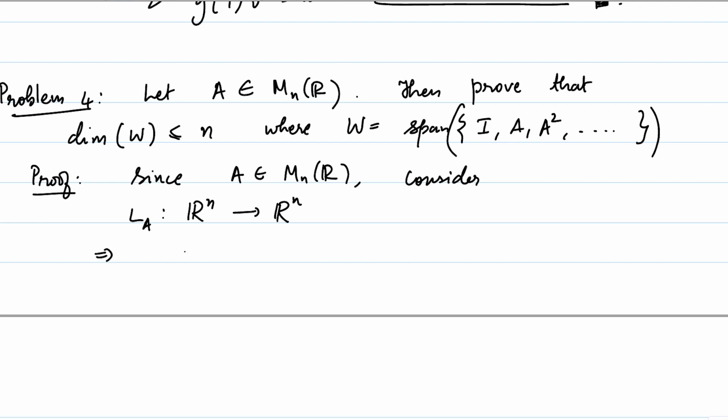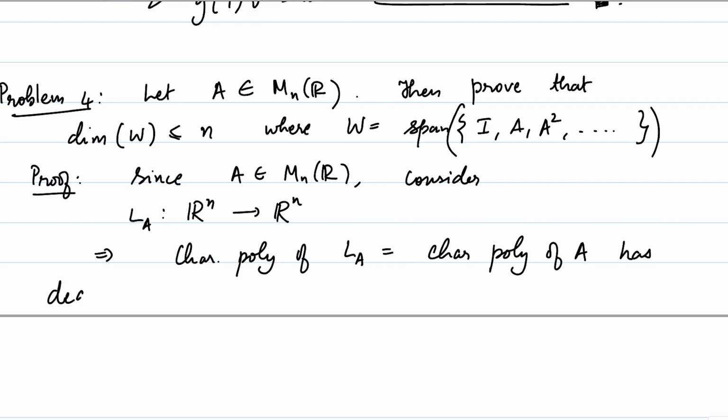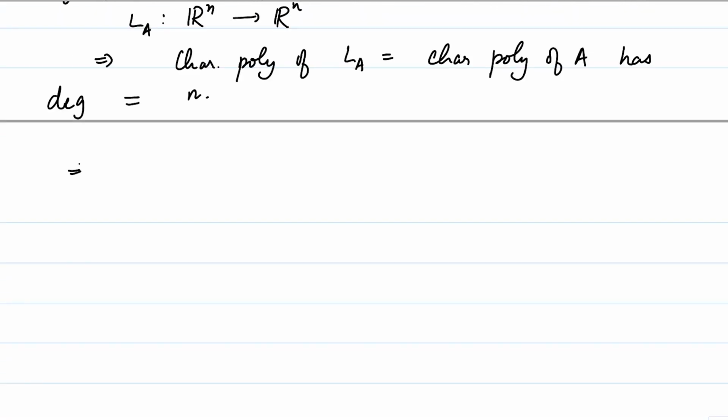This implies that the characteristic polynomial of LA, which is the characteristic polynomial of A, has degree exactly equal to the dimension of Rn, which is n. That is, the degree of the characteristic polynomial is the dimension of V. So f of lambda, the characteristic polynomial of A, has degree n.